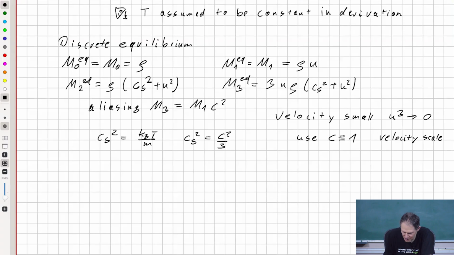If we do this, we observe that this becomes u times rho, which it is supposed to be. So this implies that in order for this to work, we have to set the speed of sound to c times the square root of 1/3.